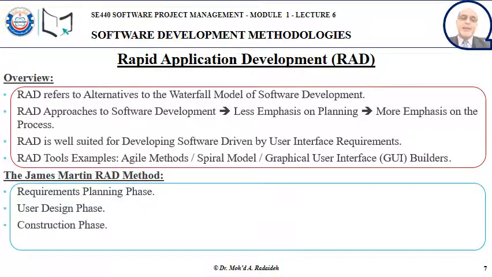An example of the RAD methodologies is what we refer to as James Martin RAD method. It comes in 4 phases: requirements planning phase, user design phase, construction phase, and cutover phase.